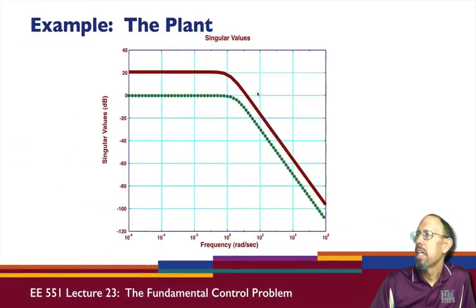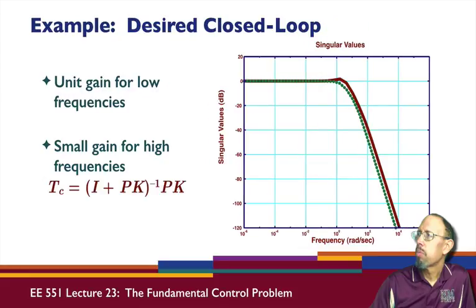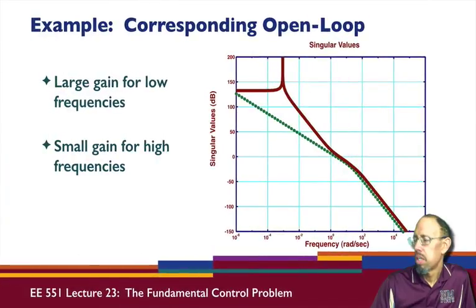That plant I had, the transfer function has this response. So the largest singular value, smallest singular value. Okay, so if we look back at this response here, this is 10 to the 0. Here's 10 to the 0.